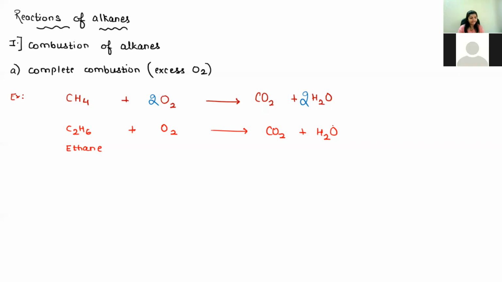So it will be 2 CO2. First we write carbons. There are two, so 2 CO2. Then we have 4 oxygens on one side and 2 oxygens on the other side, plus the oxygen molecule. Remember, as I told you, you have to set a priority. We cannot balance the oxygen first; before that we need to balance hydrogen. If we balance oxygen first, it will not be a correct way.